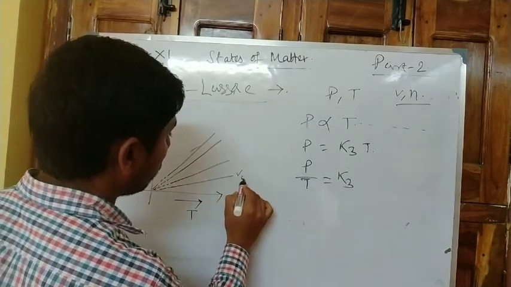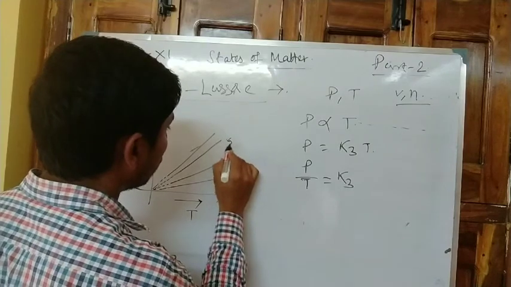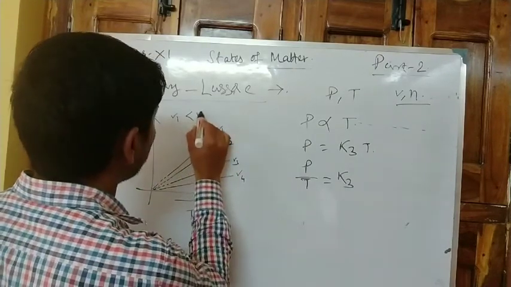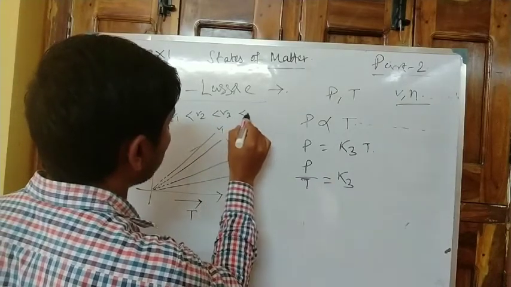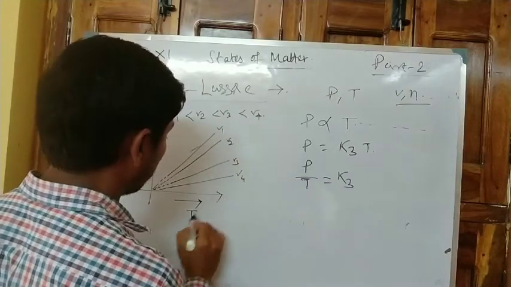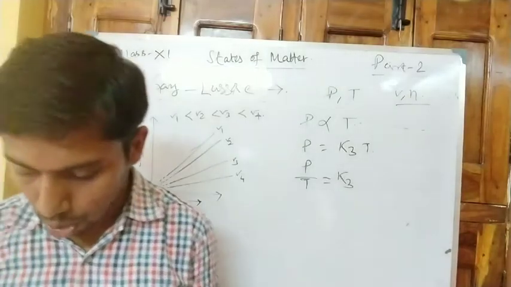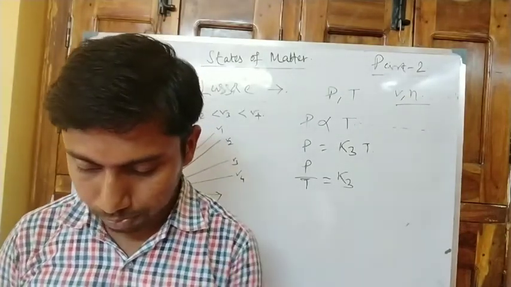So this is V4, V3, V2, V1. This is the graphical representation of Gay-Lussac's gas law.